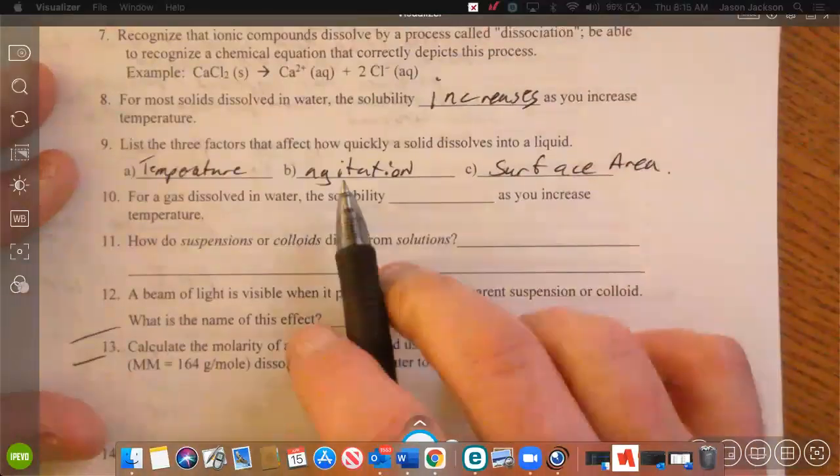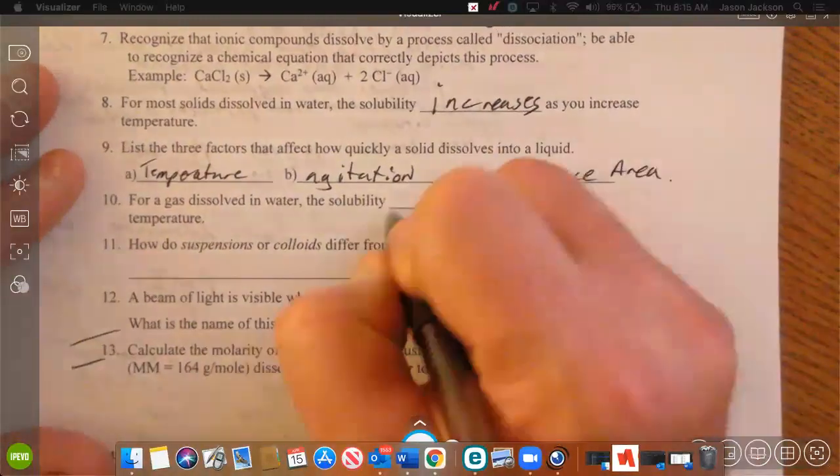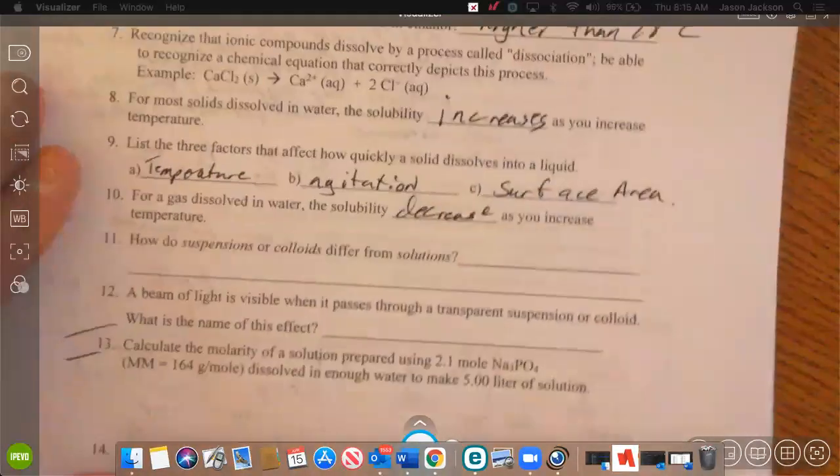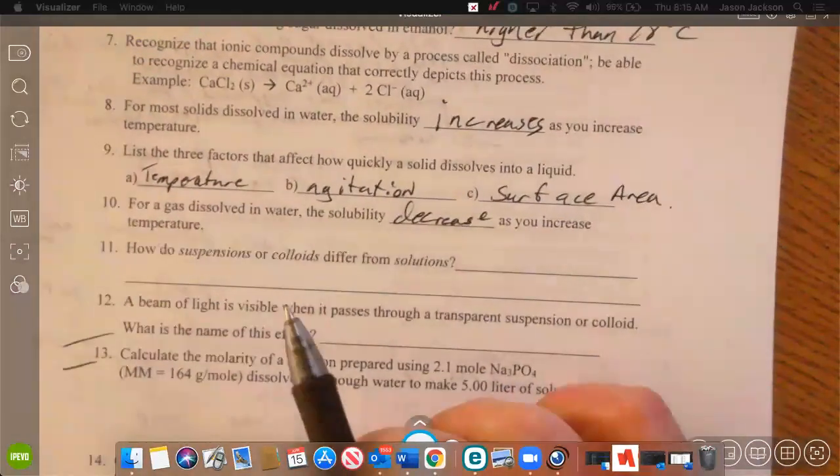For gases in water, the solubility decreases. We talked about how during the summertime, if the temperature gets so high, the dissolved oxygen will decrease and cause the fish to actually suffocate.